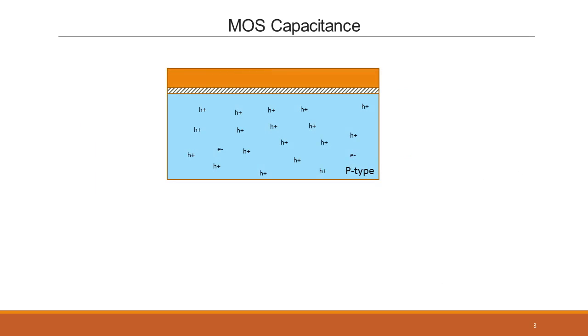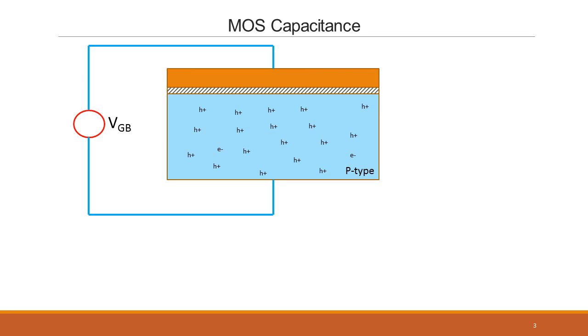Now, let's say instead of biasing it negative, the same circuit, same type of material which is doped p-type, and the gate here with the oxide is now biased with greater than 0 voltage. Okay? That means you bias the gate at a higher potential than the p-type.